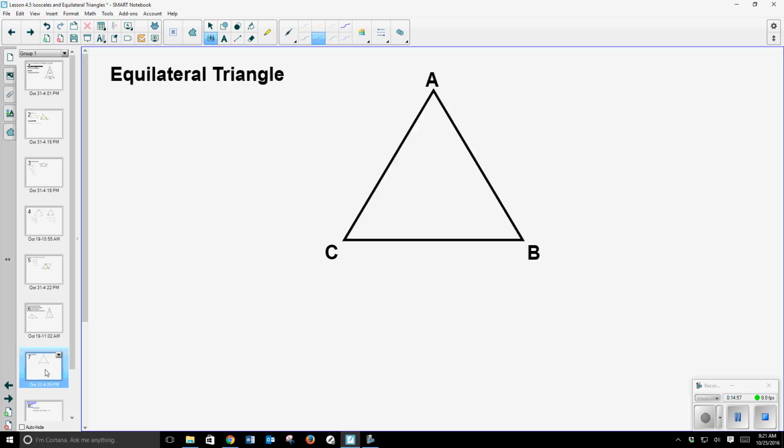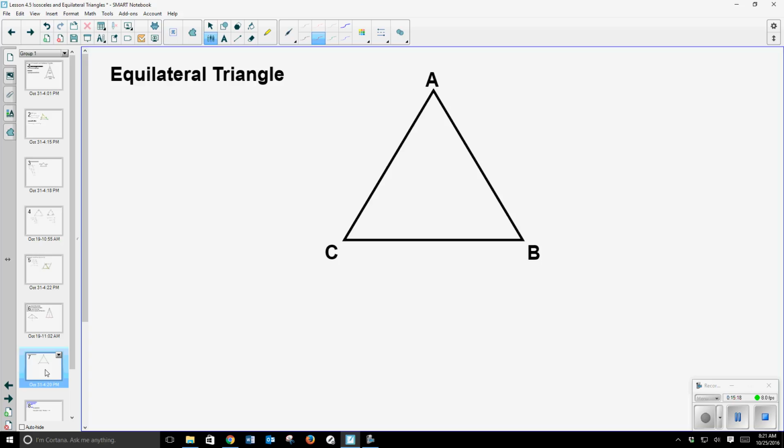Last thing, equilateral triangle. Equilateral triangles are very special. What does lateral mean?